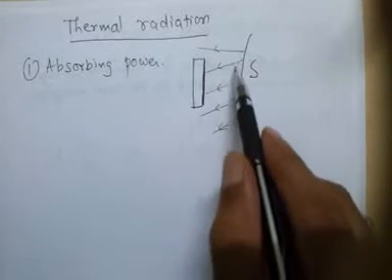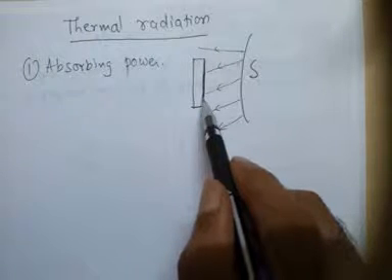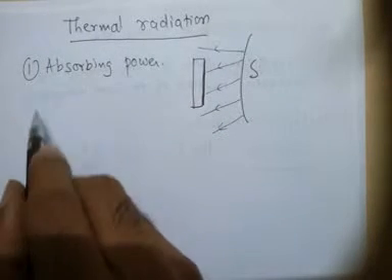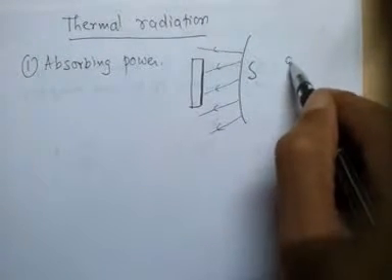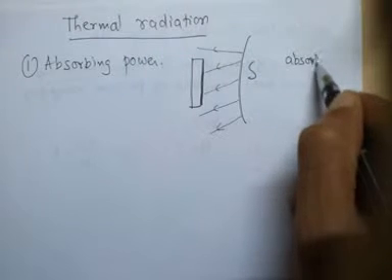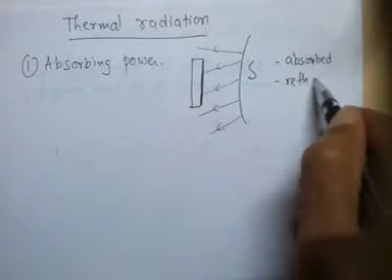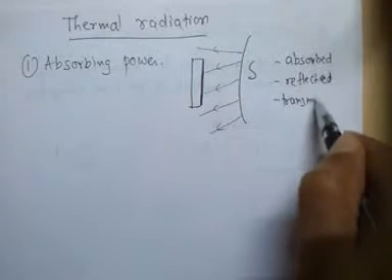Now, the radiant energy which is incident upon this gets divided into three parts. A part of it gets absorbed, a part of it gets reflected, and a part of it gets transmitted.